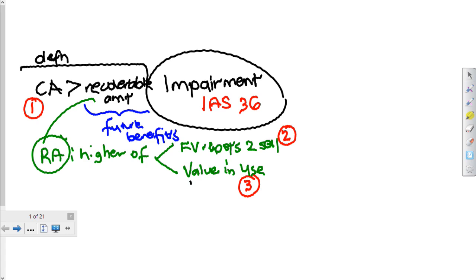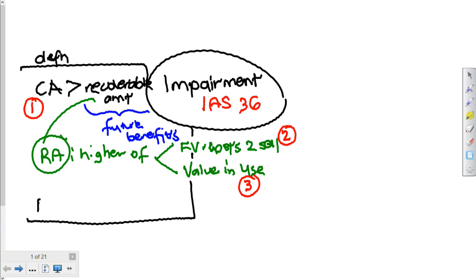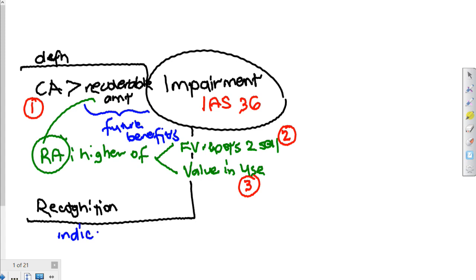Let's talk about recognition. When do I recognize an impairment? The standard says that we only test for impairment when there are indicators. We would not test all assets for impairment at every year end. Only if there are indicators of impairment.